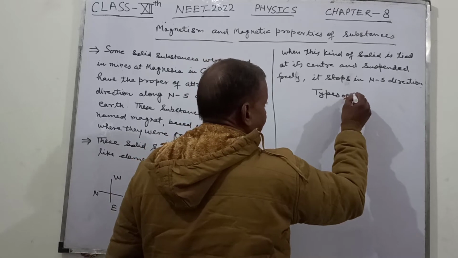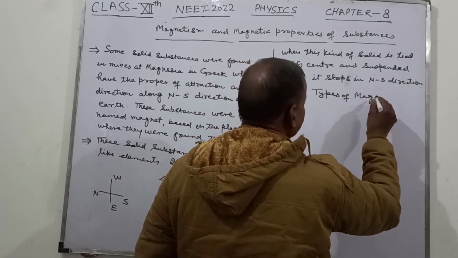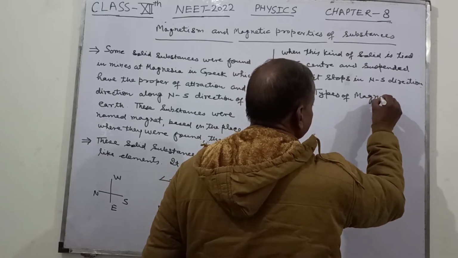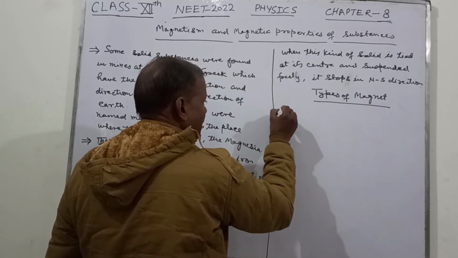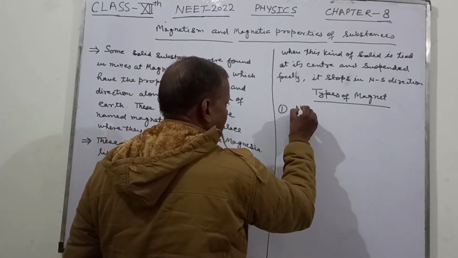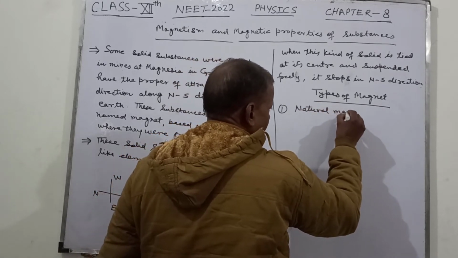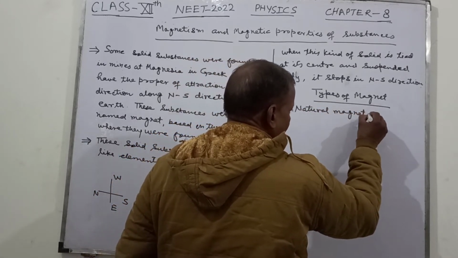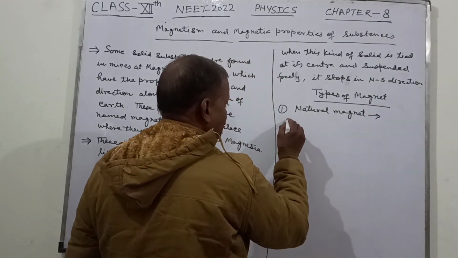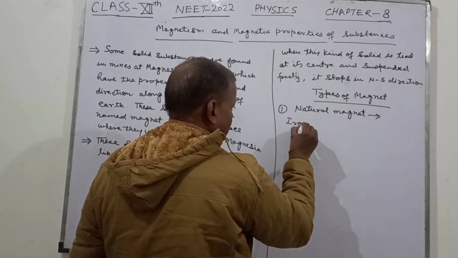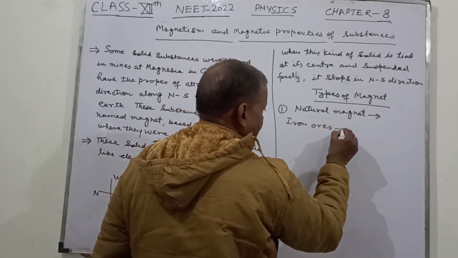Types of magnets. The magnets are of two types. One is the natural magnet, the iron ores. These are of two kinds.